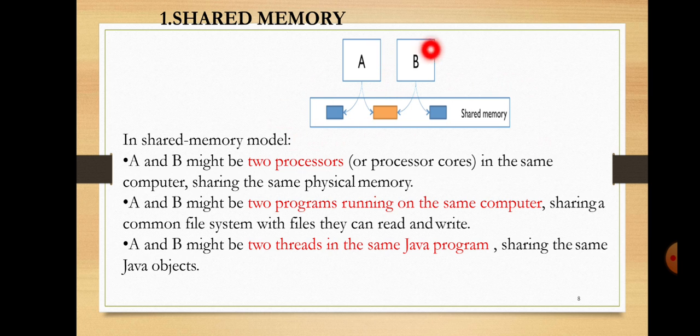A and B might be two programs running on the same computer sharing a common file system with a file they can read and write. A and B might be two threads in the same Java program sharing the same Java object. All these constraints come under the shared memory concept.